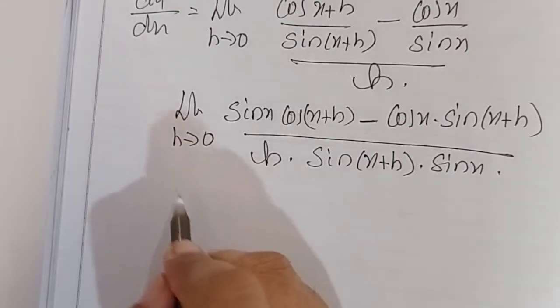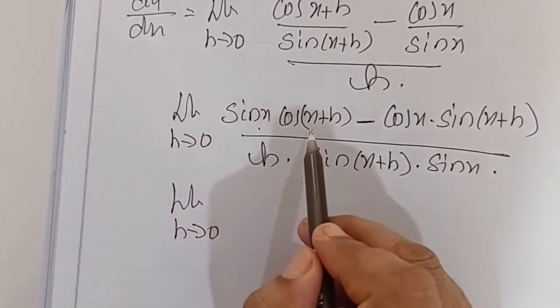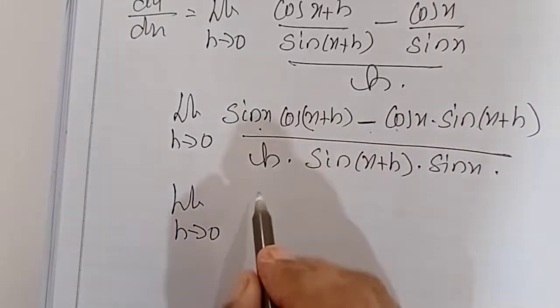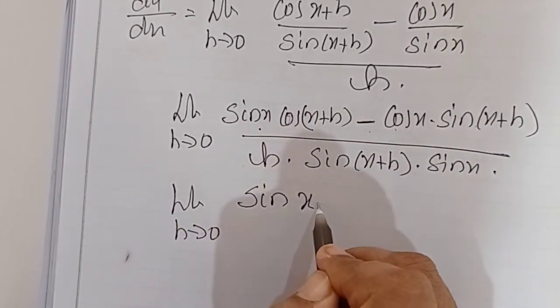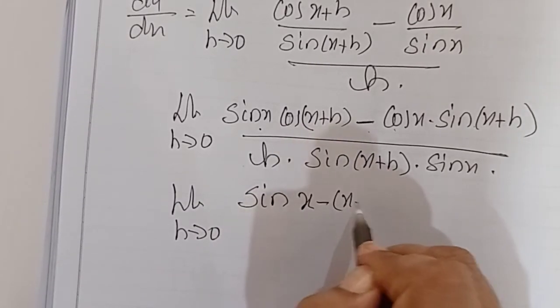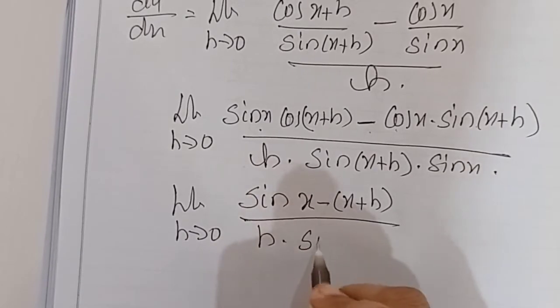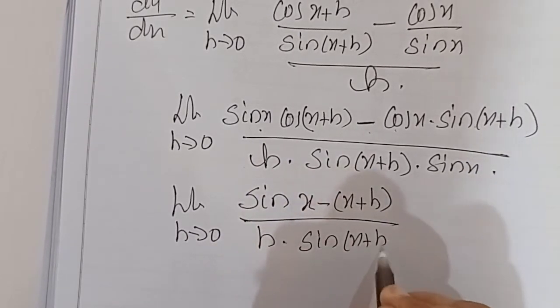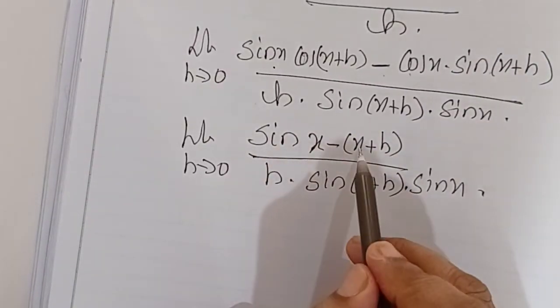Okay. Now, limit h tends to 0. What is sin A cos B minus cos A sin B? Yes, sin (A minus B). Sin (x minus of x plus h) by h into sin (x plus h) into sin x. x and x cancel.